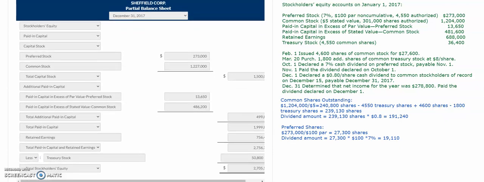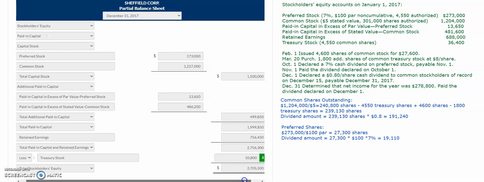So now we have our partial balance sheet, and in this partial balance sheet, we start off with stockholders' equity, and we include the paid-in capital, which has preferred stock and common stock. And then we have a section for the additional paid-in capital, which has the paid-in capital in excess of the par or stated value to get our total paid-in capital.